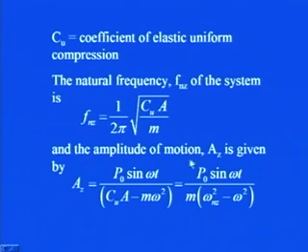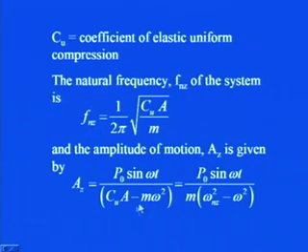Similarly, the amplitude of the motion, that is Az, will be given by this expression: P naught sin omega t divided by Cu A minus m omega square. Now, if I take this m common, this will become Cu A by m, and you can see here that this Cu A by m becomes 4 pi square f n z square, and 2 pi into f n z is nothing but omega n z.